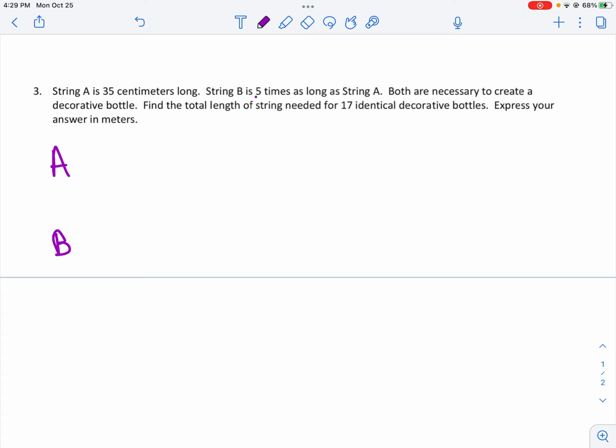And here it says 5 times as long as A string. Okay? So our B string is 5 times this string A.